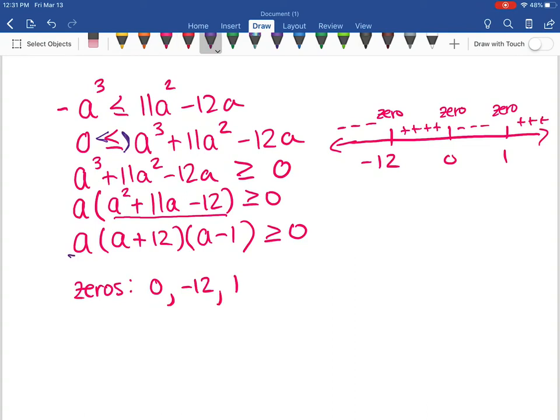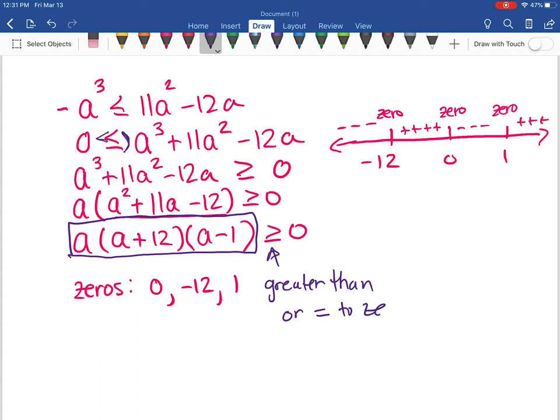This question is asking, where is this polynomial greater than or equal to 0? Which means where is it positive or equal to 0? And the question says to write it in interval notation. So whenever it's equal to 0, I want to use a bracket. And I'm looking for intervals where it's positive.